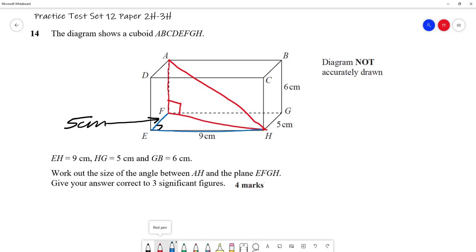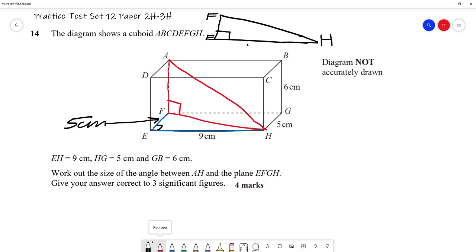Now, FH is the hypotenuse of that triangle. So if I draw that triangle out, so we can visualize it, this is E, F, and H. Here's my right angle.